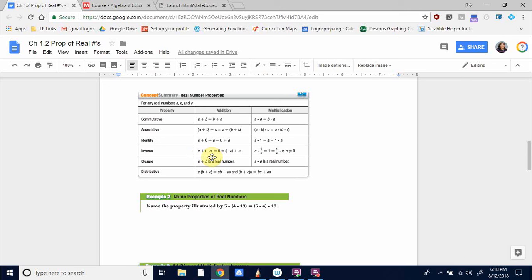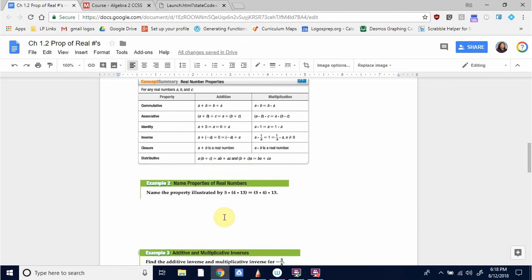The multiplicative inverse says anything times its reciprocal equals 1. And we'll look at an example in just one second. Closure just says a plus b is a real number and a times b is a real number. Distributive says if you have a number outside of parentheses with more than one term inside, you can multiply and distribute that number to every term inside, and you can break parentheses. So here, a times (b plus c) equals ab plus ac.